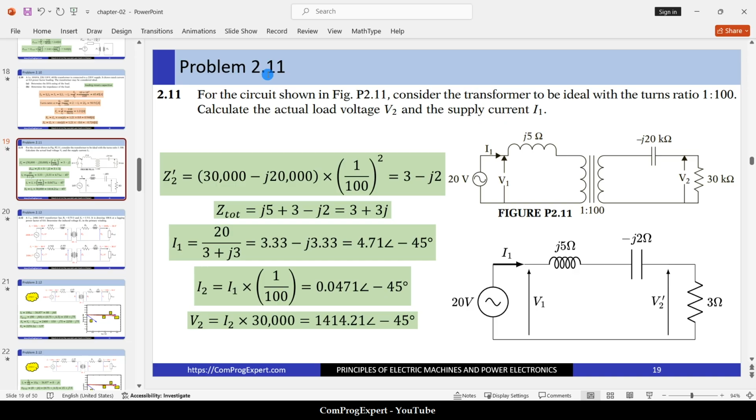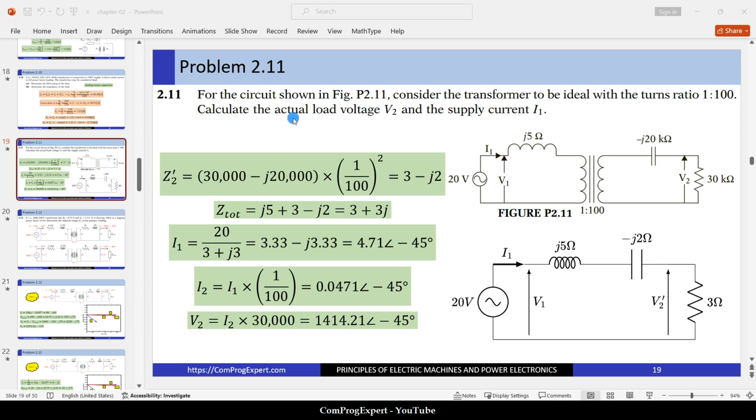Problem 11. Okay. For a circuit shown in this figure, figure P2.11, consider the transformer to be ideal with the turns ratio 1 to 100. So here we have the turns ratio. The transformer is ideal.